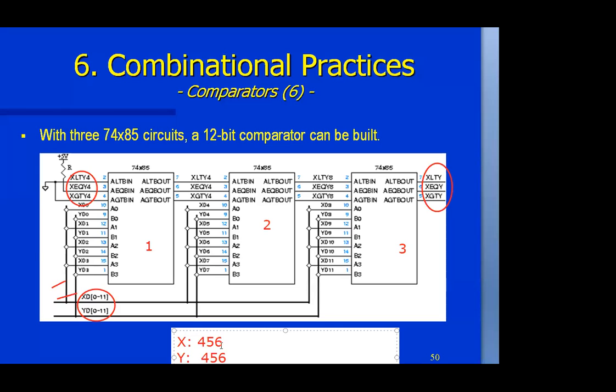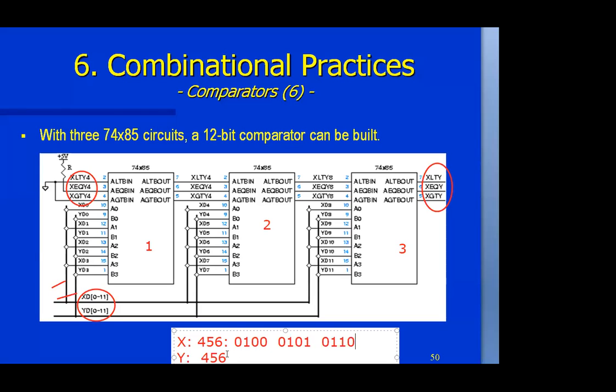All the numbers are 12-bit numbers. To represent x, I am writing this number here in binary: 4 is 0100, 5 is 0101, 6 is 0110.